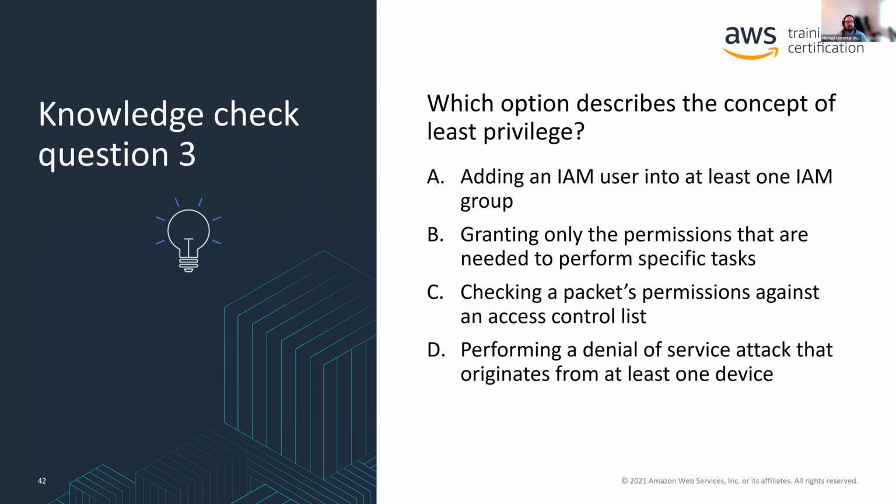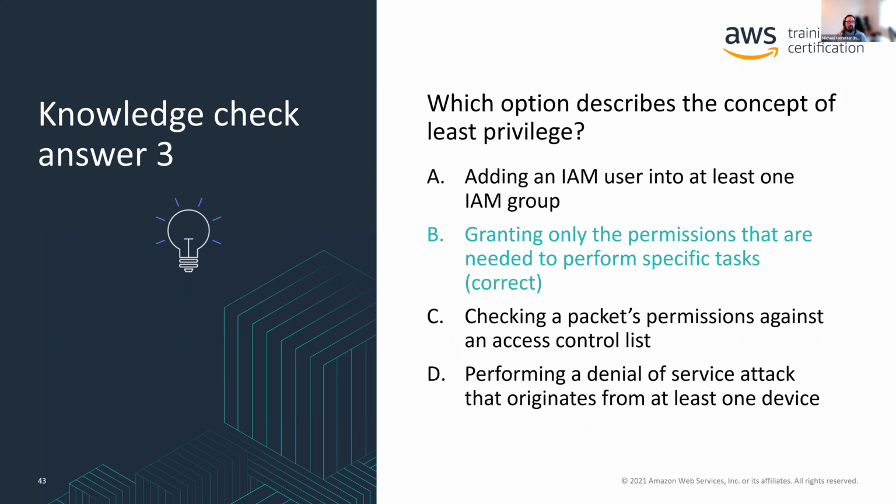Which option describes the concept of least privilege? It is indeed B, right? Granting only the permissions that are needed to perform the specific task. That's accurate.